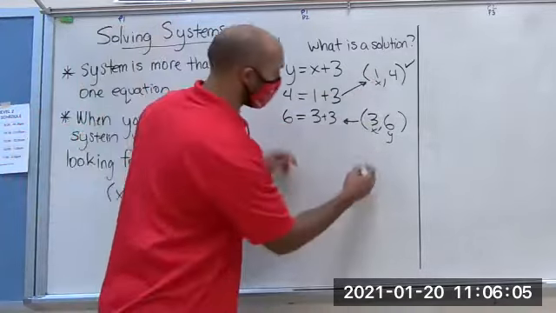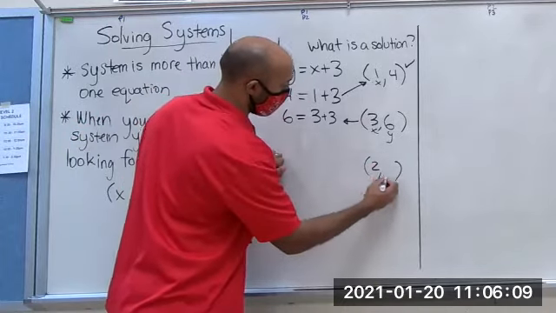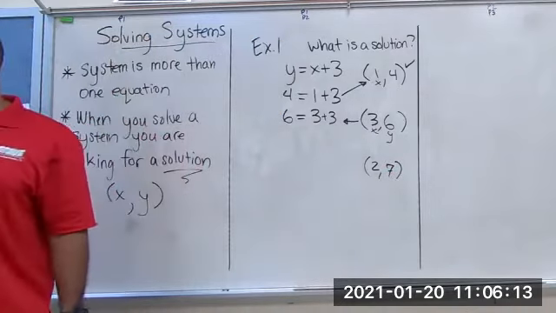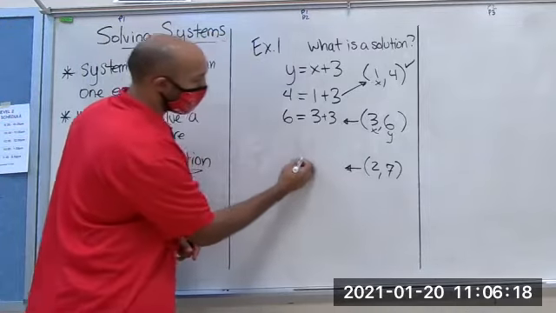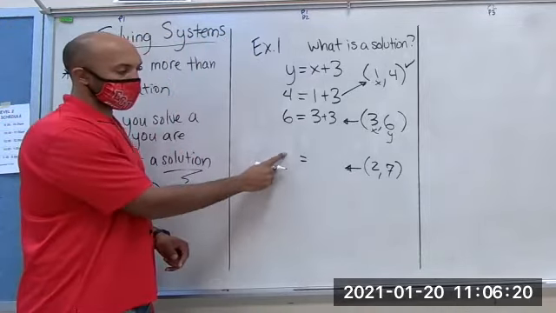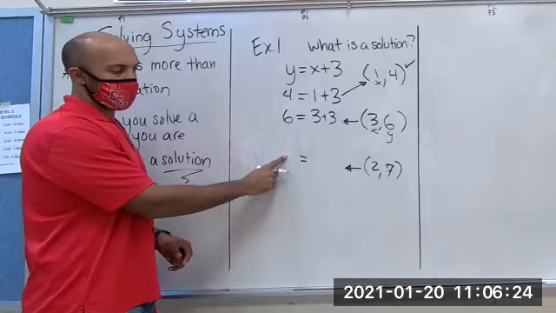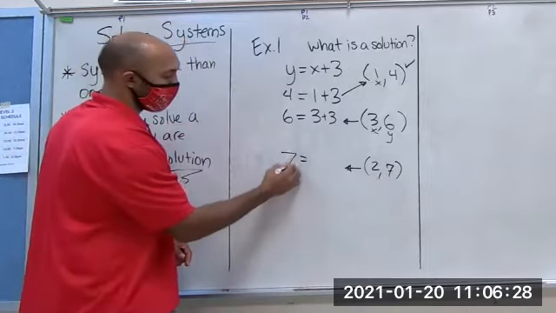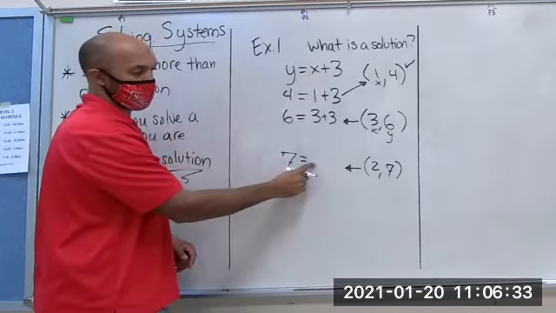Now let's say I do this. Let me choose a different set of numbers. So let's say I say 2 and 7. Okay, and you think that's the solution. So if I choose 2 and 7, then for y, what number do I put? Because that's your y, and then what goes here?